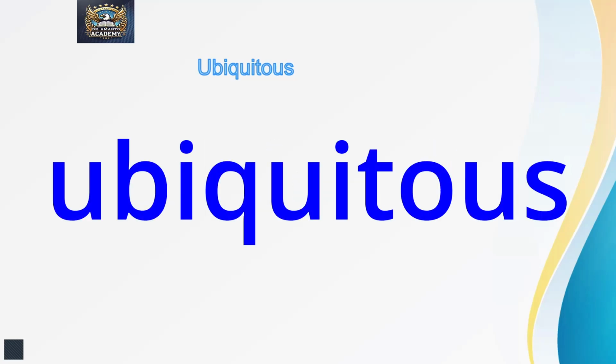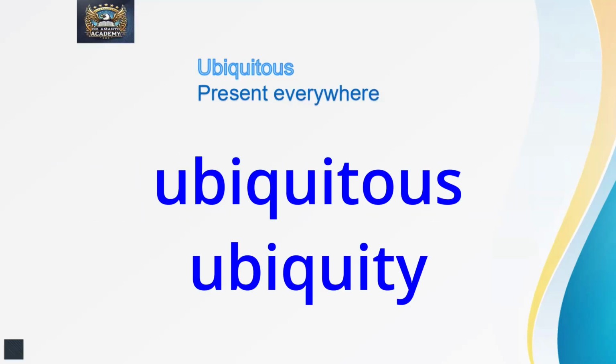Ubiquitous is adjective form of the word that means something that is everywhere at the same time, that exists everywhere at the same time. And noun form of it is ubiquity.